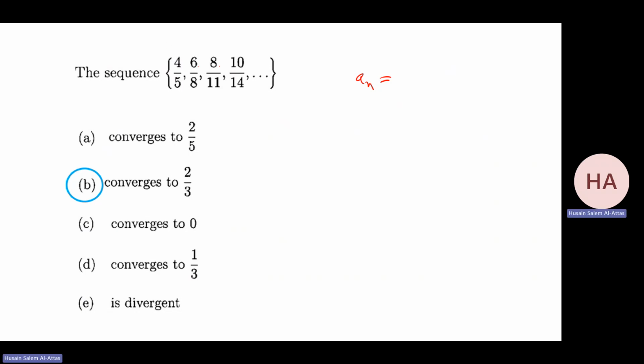It will be 2n, starting from 1. No, it will be 2(n+1). Or I have 2 times 2, 2 times 3, 2 times 4. So if it's starting from n greater than or equal to 1, we have 2(n+1).